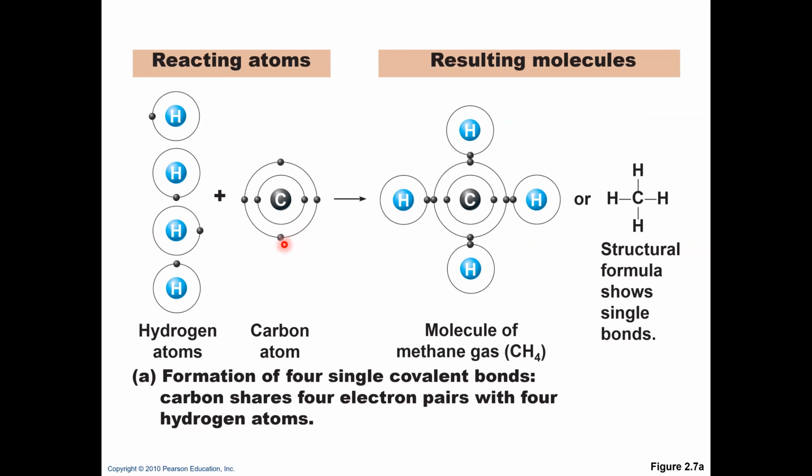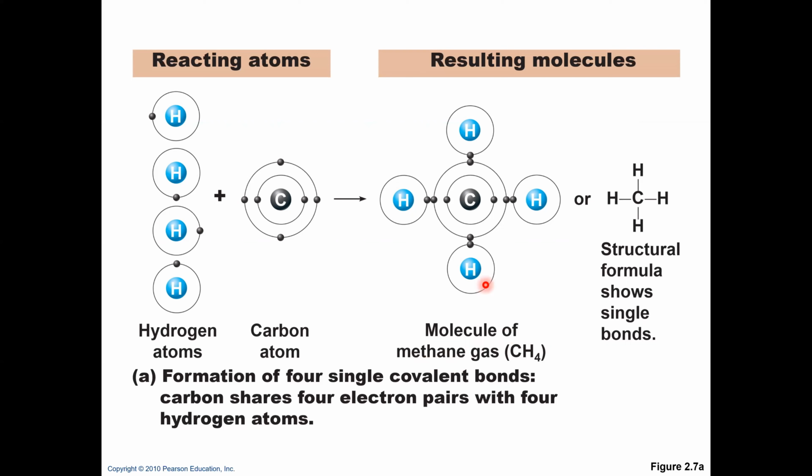Carbon actually needs 4 electrons. So what happened over here, carbon shares its electrons with 4 atoms of hydrogen, right? And forms the simplest organic molecule, that is called methane.